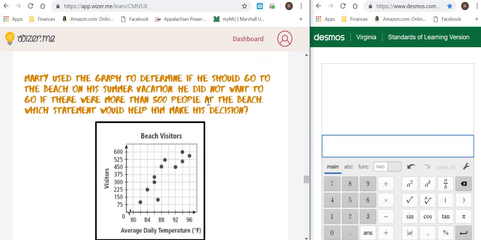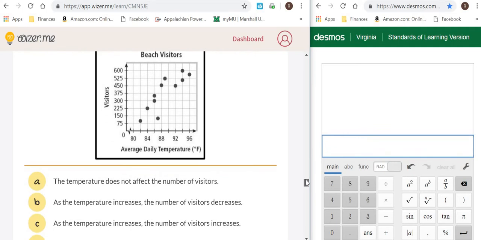It says Marty used the graph to determine if he should go to the beach on his summer vacation. He did not want to go if there were more than 500 people at the beach. Which statement would help him make his decision? So first thing we're going to look at here is this line. If we drew a trend line, it would be right through there. Okay?